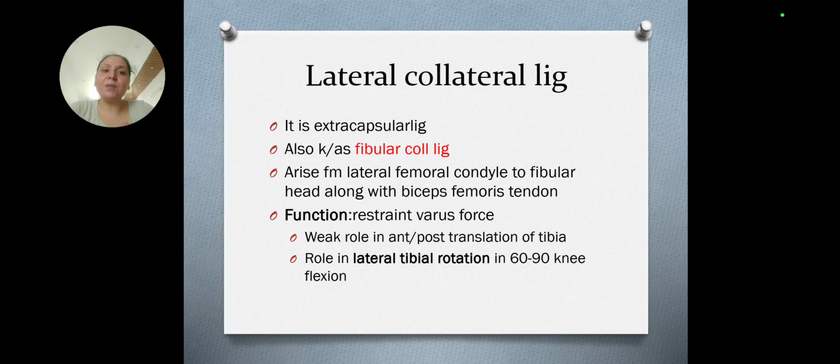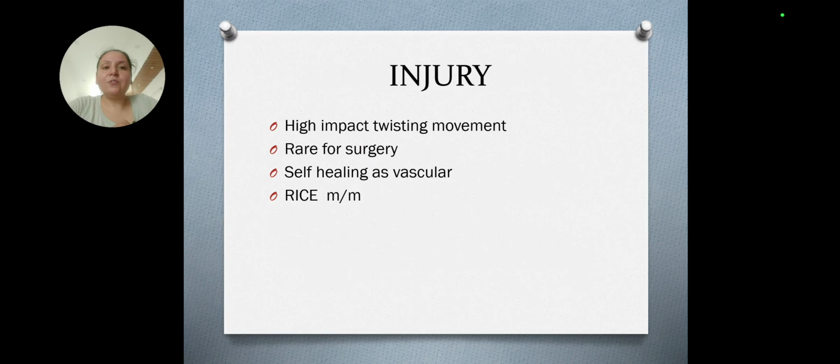It arises from the lateral femoral condyle to the fibular head, along with the biceps femoris tendon. It resists the varus forces, and it also resists the lateral tibial rotation. The posterior translation of the tibia is also checked by the lateral collateral ligament.